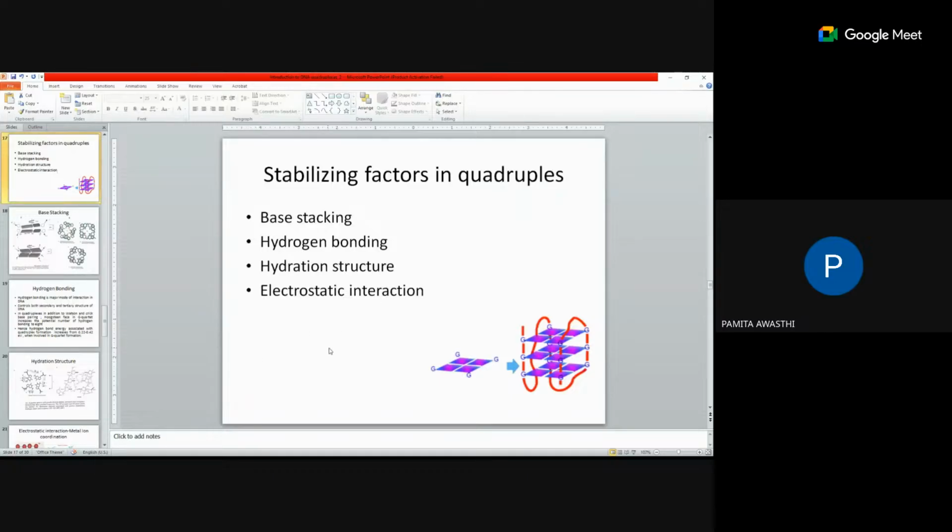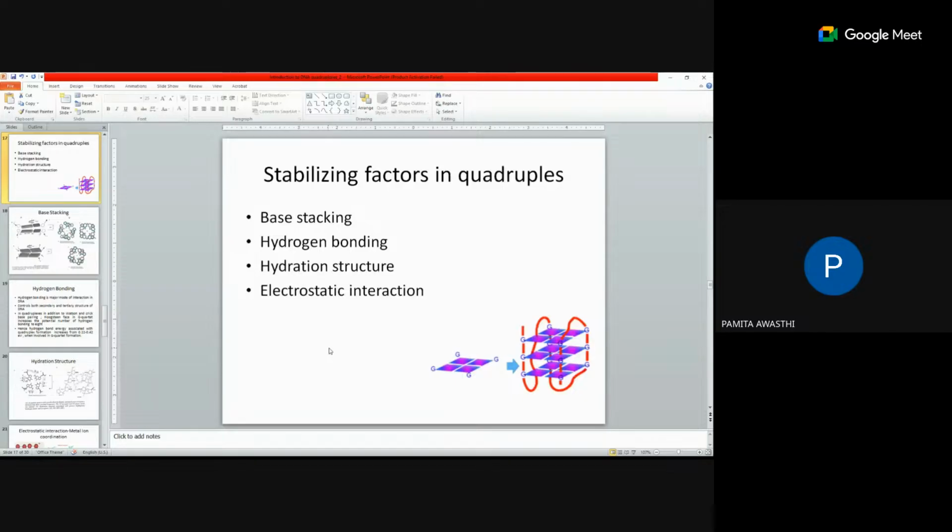The next part is what is the stabilizing factor in the quadruplexes, because yes, they are stable structures and they are reported experimentally also. So what are the various stabilizing factors?